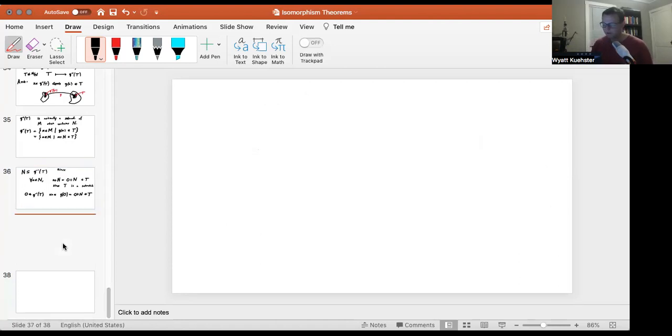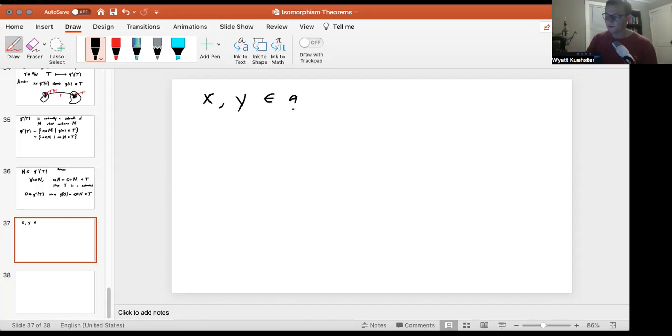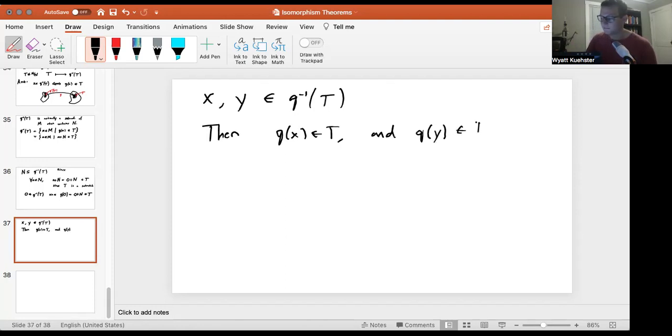And then I need to show that it's closed under addition. So suppose that x and y are both in the pre-image of T under Q. Then by definition, that means Q of x is in T and Q of y is in T. And then T is a submodule, so I can add two elements of a submodule and get something else in the submodule.